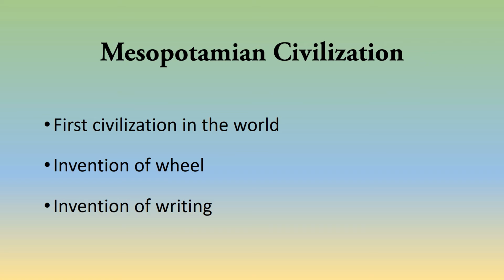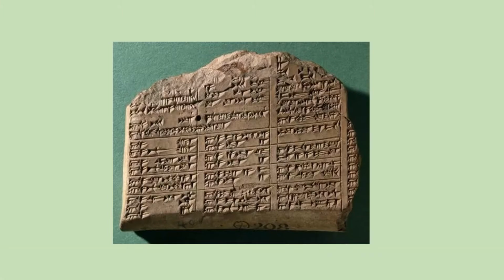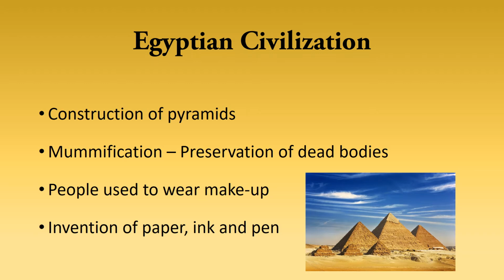It is the first civilization in the world. It is believed that it is the Mesopotamian civilians who invented the wheel and writing, and their system of writing is called cuneiform.